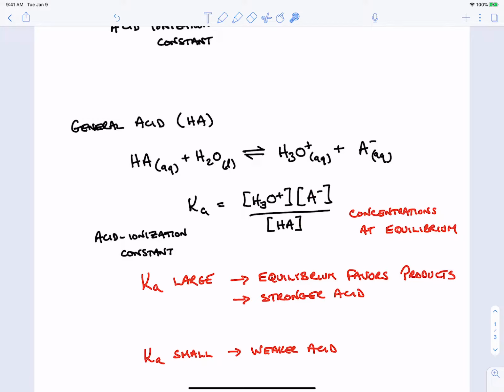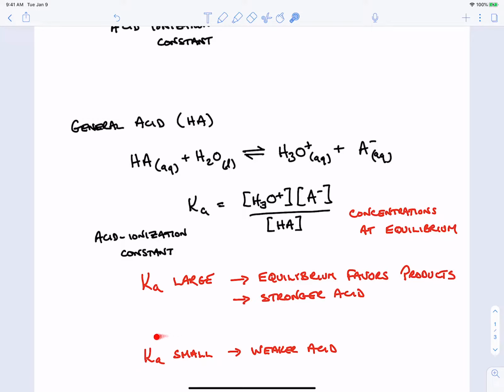So a high number divided by a low number would give you a large value of Ka. So if the value of Ka is large, it means that the equilibrium favours the products. And in this particular case, because we're talking about acids, this would deem this to be a stronger acid. So large values of Ka tell us if it's a strong acid.